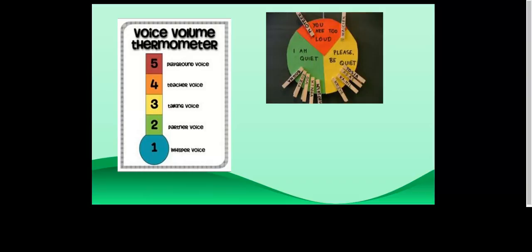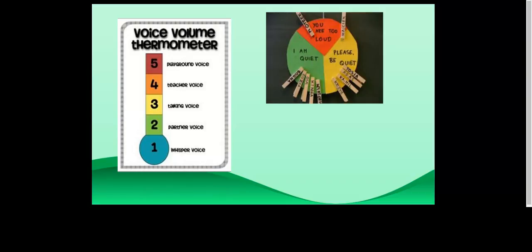Here's one where you can relate it to a thermometer of exactly how loud you should be getting, starting down at the whisper voice, moving from partner voice to talking voice, teacher voice, and then a playground voice, as well as one on the right where you can put the students' names on clothespins and remind them where they're at.